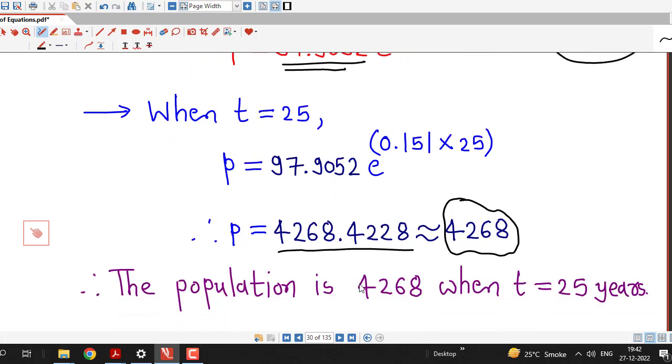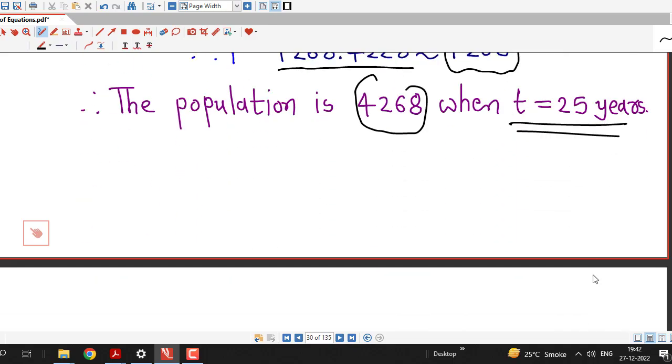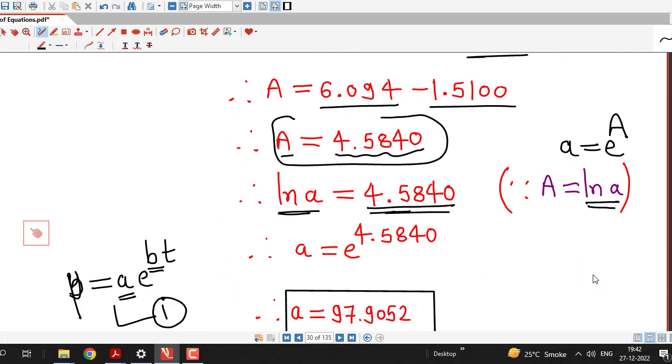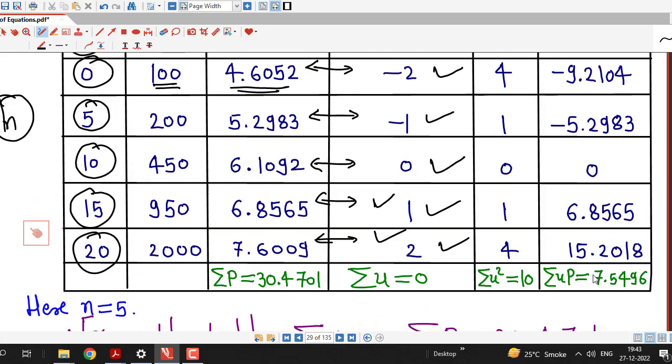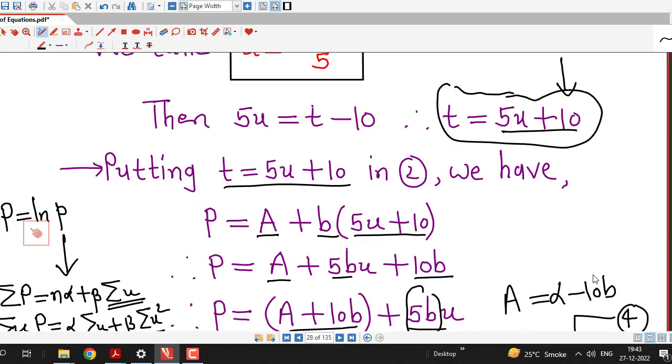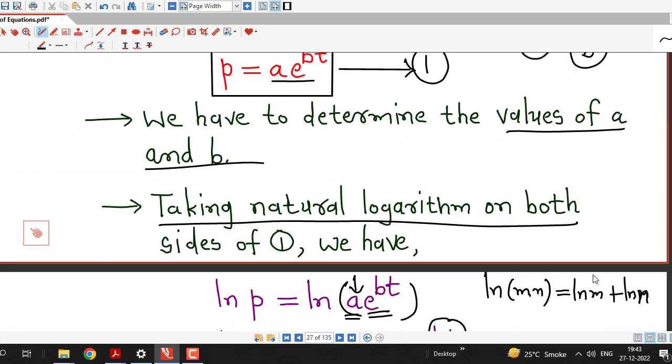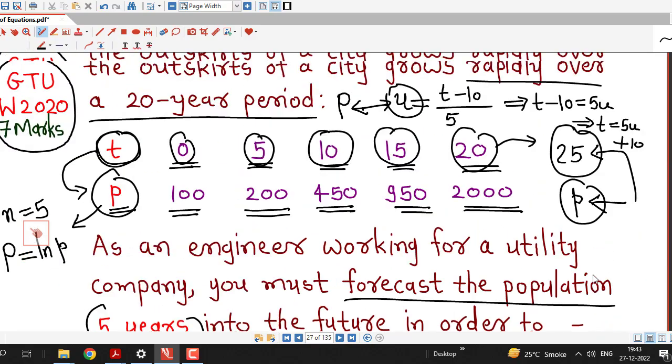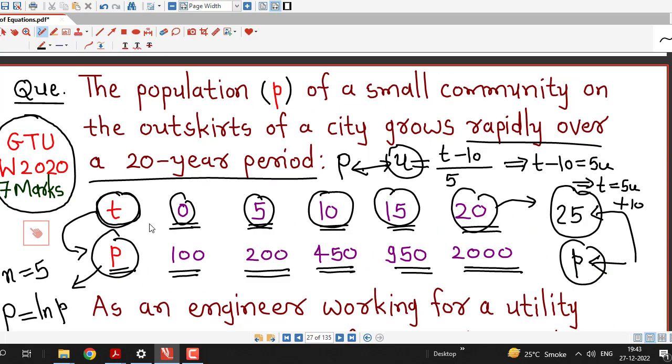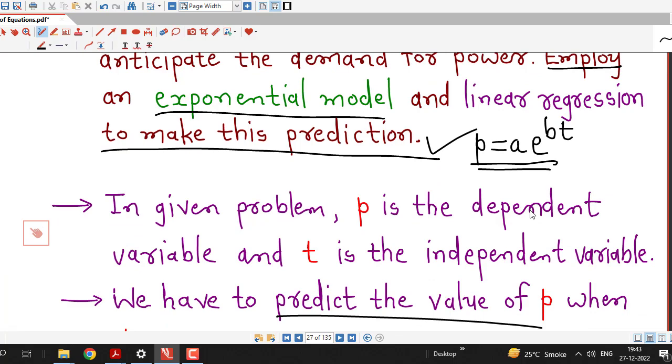Therefore the population is 4268 when t equal to 25 years. So using this exponential curve fitting, we are able to decide the population after 5 years from the given period. We are given the population values over the period of 20 years, and we can predict value of population for t equal to 25. So this is a very easy question.